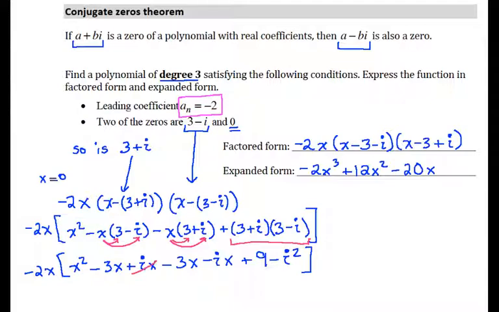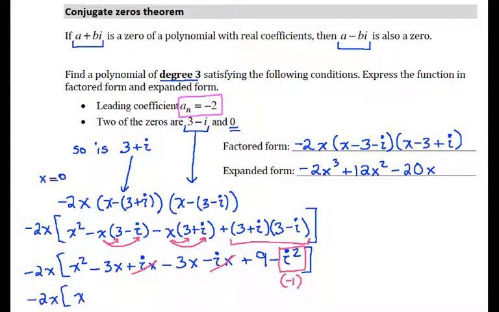So the plus ix and the minus ix drop out, which is how it is that the conjugate zeros allow me to have entirely real coefficients, because even this i squared here isn't really an imaginary number. i squared is the same as negative 1, so after this step I won't have any imaginary numbers left in my expression.